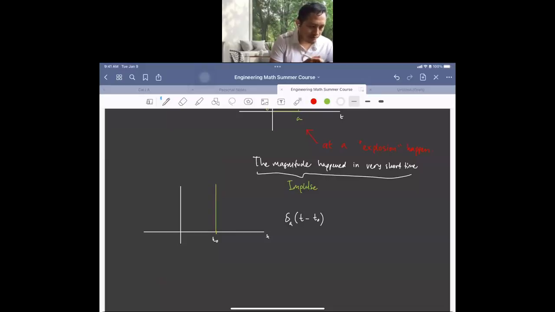Now, if you notice, we have 0 from this interval and 0 also from this interval, and we have something here at this t0.